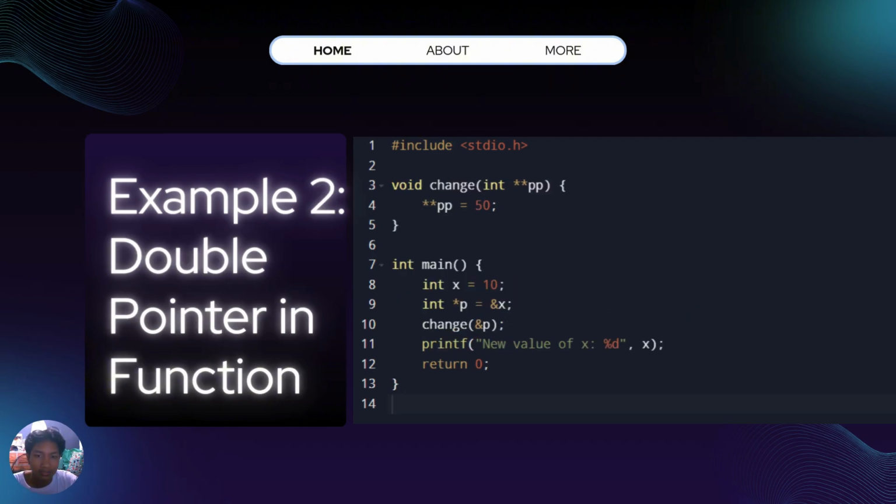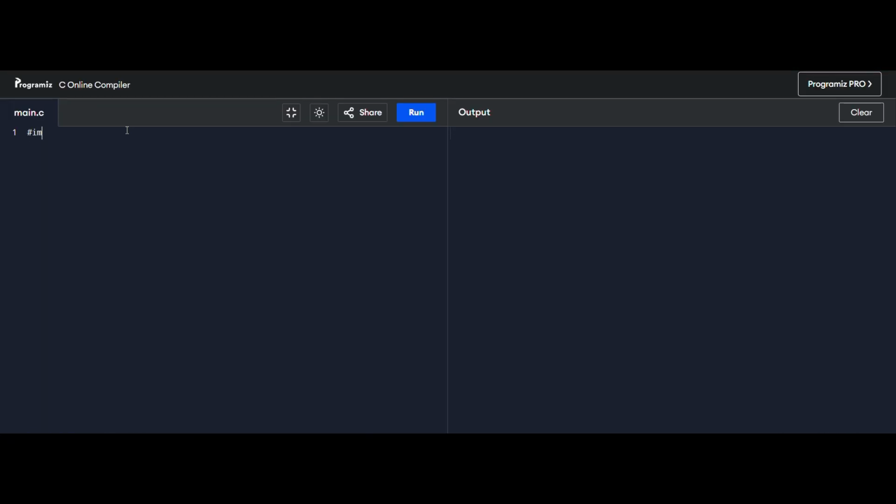Now let us look at another example where double pointers are used in a function. Now, let's explain this. The program demonstrates how double pointers work in accessing the value through two levels of memory addressing.